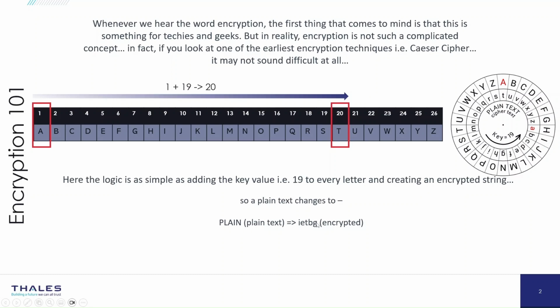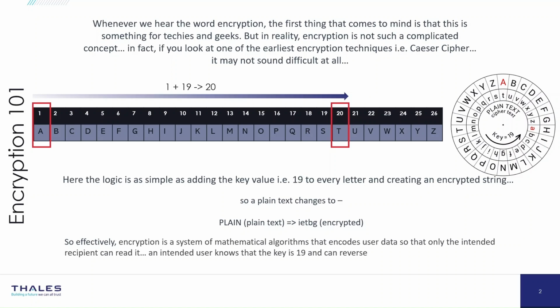Assume the third party you are trying to correspond with receives this text. Unless he knows that the mathematical operation you have applied is addition and the key being used is 19, he will not be able to decipher it back.